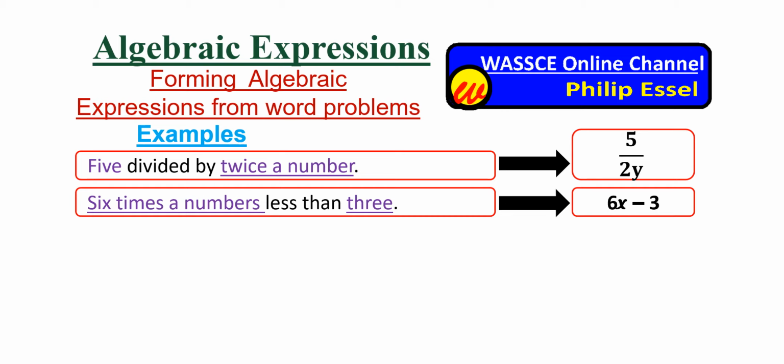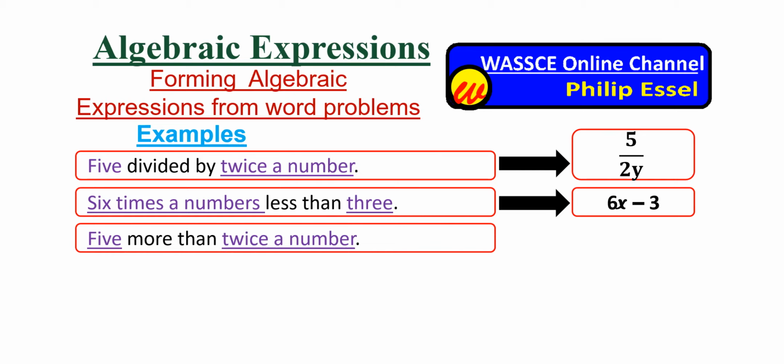Let's take the variable to be x. So 6x. We are also being told less than. To less something means to subtract. So that less than would be minus. Less than what? 3. So that will be minus 3. So it will be 6x minus 3. As simple as that.